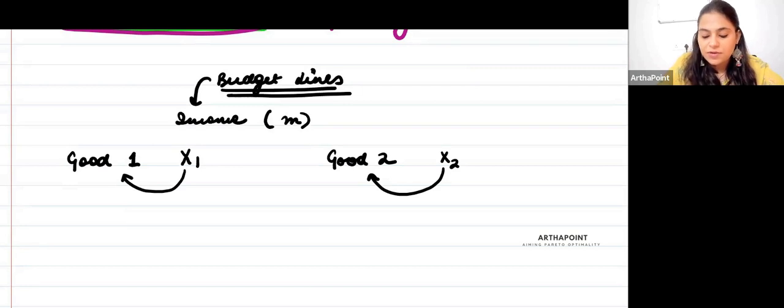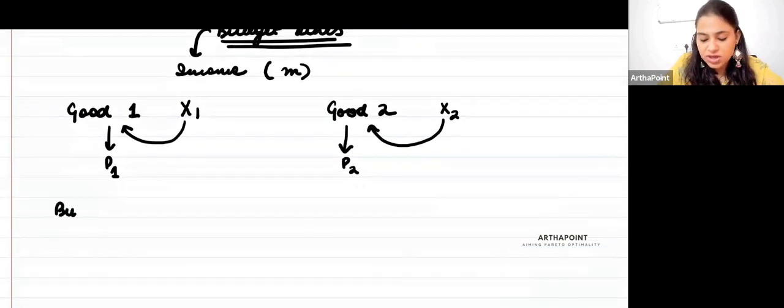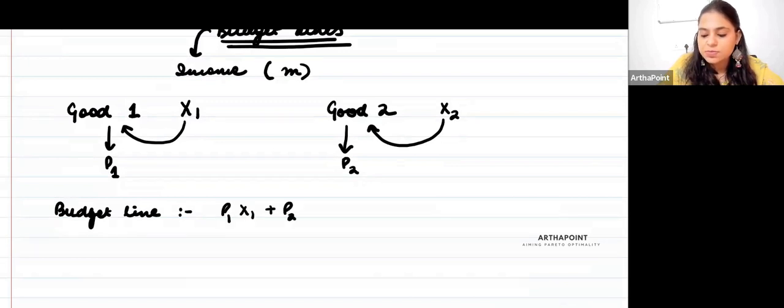Then we must know the price at which the consumer consumes these commodities. Let's say P1 is the price of good 1 and P2 is the price of good 2. Then we can write the budget line of the consumer as P1 X1 plus P2 X2 is equal to the income of the consumer.